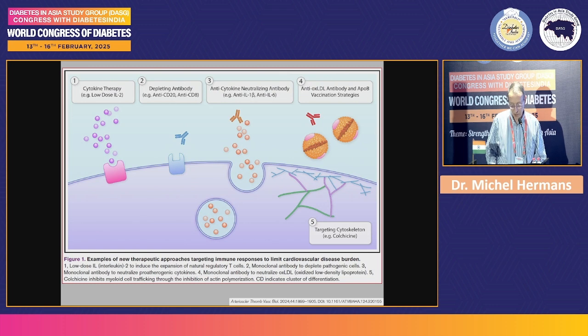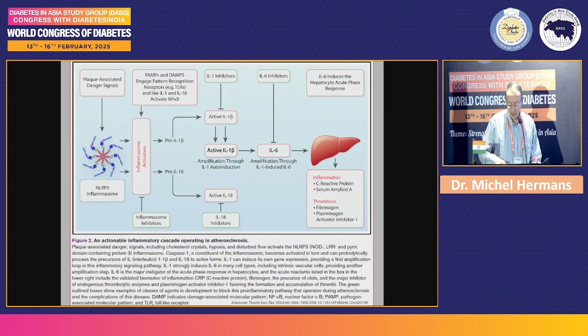So what could we do as far as inflammatory interventions that have been published so far? There are a lot of cascades, and I'm using this Italian paper of 2024, which is a very nice summary of what can be done.